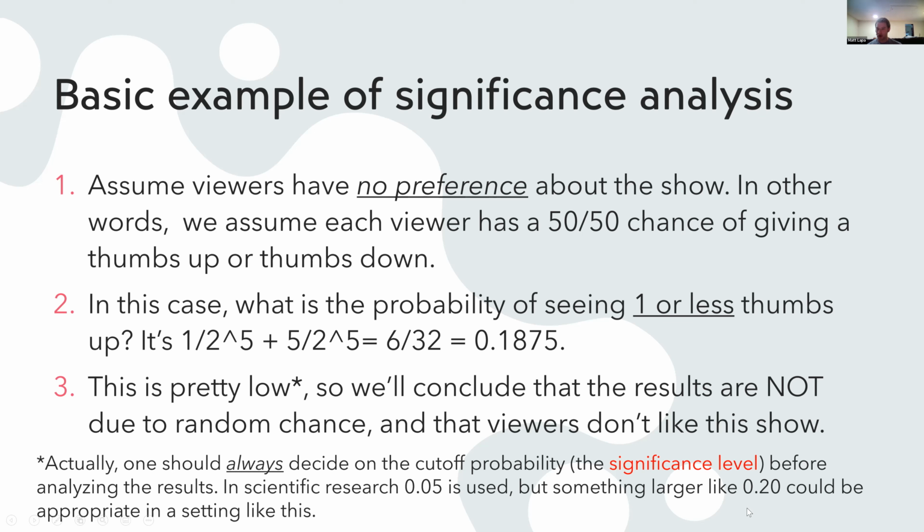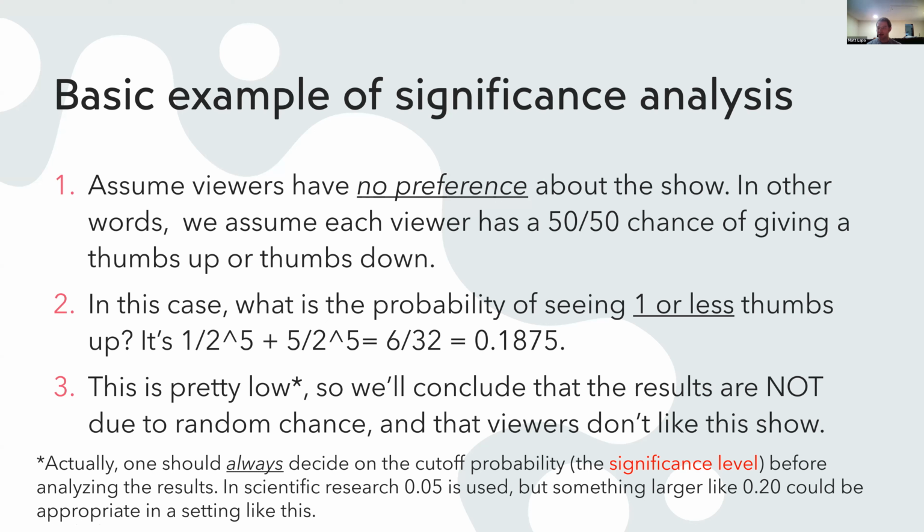But in this case, we have a small number of viewers, just 5, where it's reasonable to take a larger cutoff, like 0.2, so a 1 in 5 chance. And in that case, we would say, all right, it looks like this result is significant because it's below 0.2. The effect of raising this significance level is that you're okay with getting more false positives.